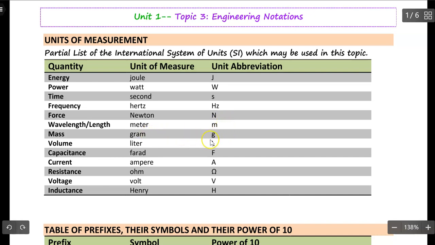So don't try to make that into a capital M. Okay, so for gram it's a small letter g. So leave it as a small letter g because these are international system unit abbreviations, and we have to follow them. Okay, farad is capital letter F, ampere is capital letter A, ohm's symbol is right here, omega, in the Greek alphabet, volt is capital V and henry is capital H. So all of these units, we need to follow their abbreviation because whether it's lowercase or uppercase, it's there for a purpose.